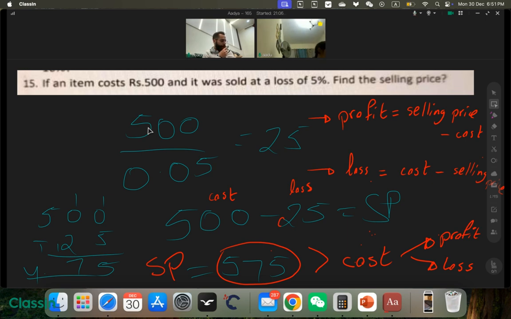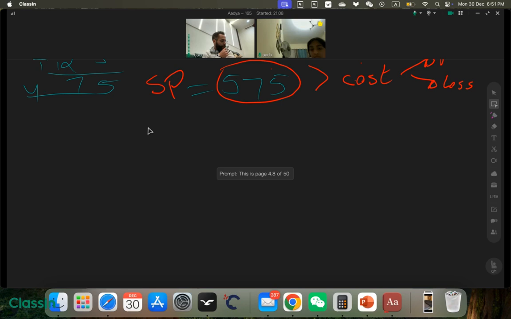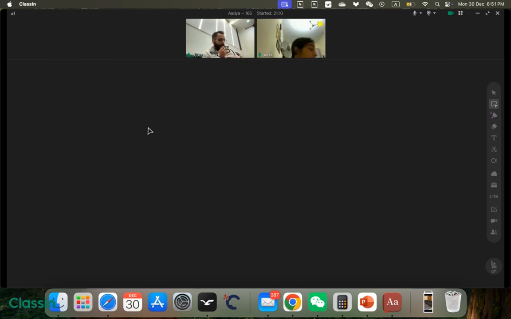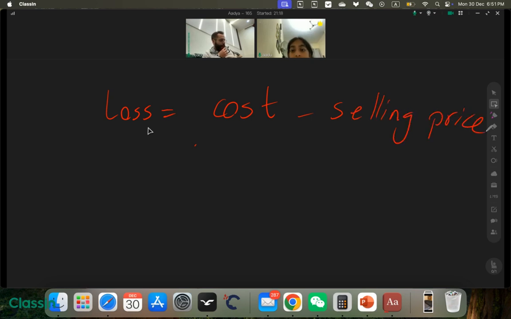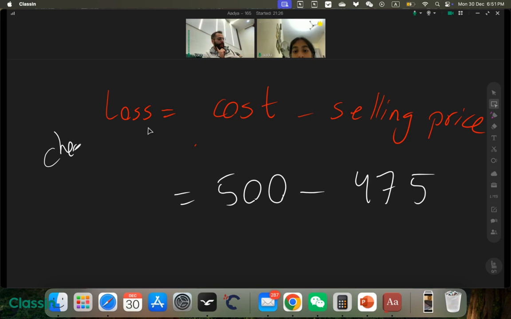Yeah. Okay, let's try it out. Loss is equal to cost minus selling price. How much did you get for your selling price? You got 475. How much was the cost? 500. Check. This is a checking method. So you got 25.